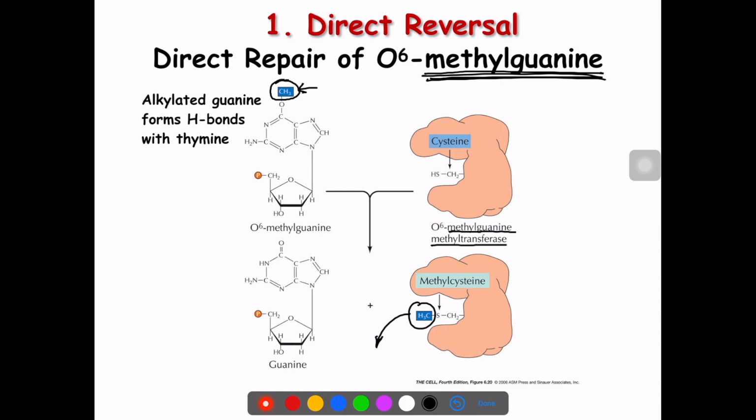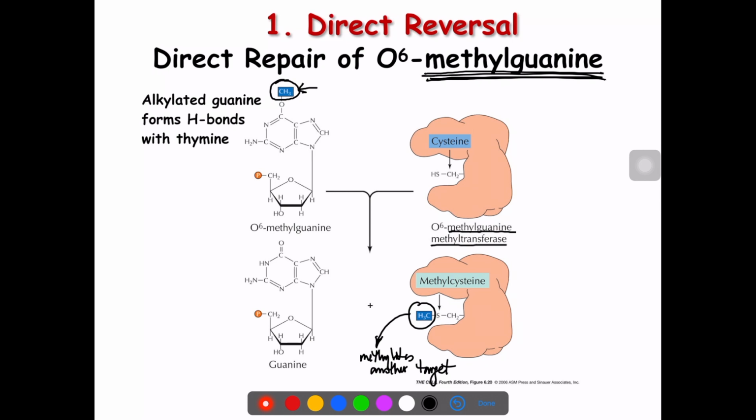So it cuts off the methyl group of the guanine residue and conjugates that methyl group to another target. So it methylates another target, therefore eliminating the methyl group from the guanine residue that had been methylated.